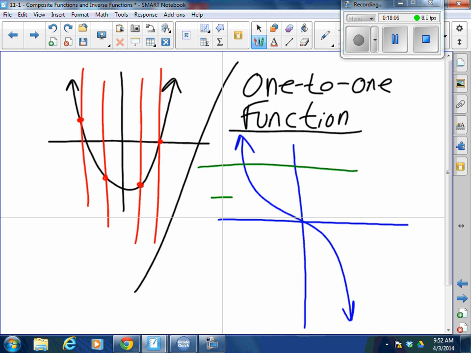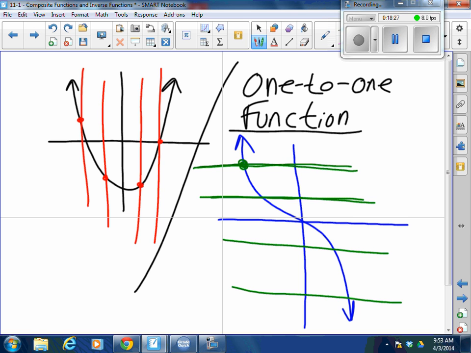I'm going through the y's, checking that any y value came from only one x value. At this y value, I hit the x once, and at each of these y values, I hit the x once. Since at every y value I hit one x, it's a one-to-one function.